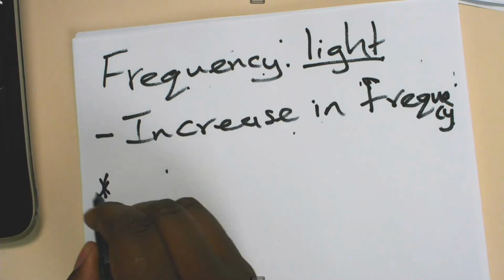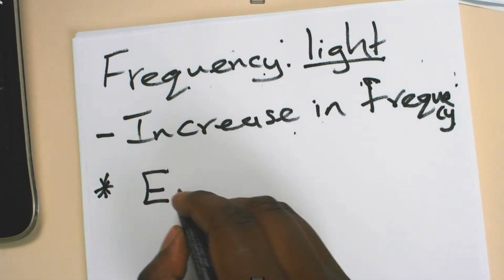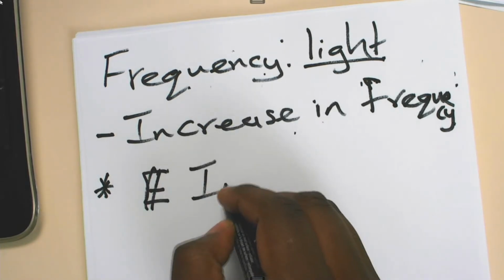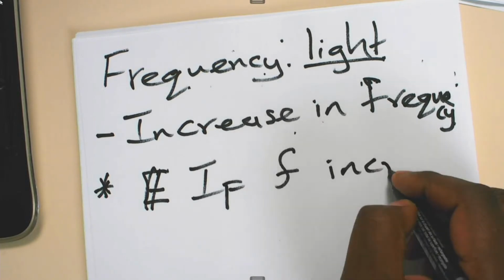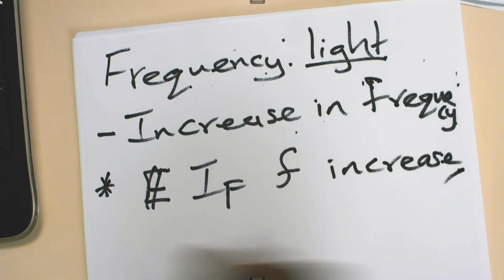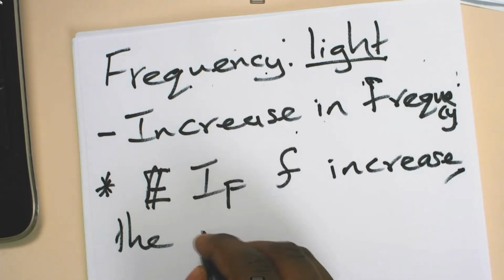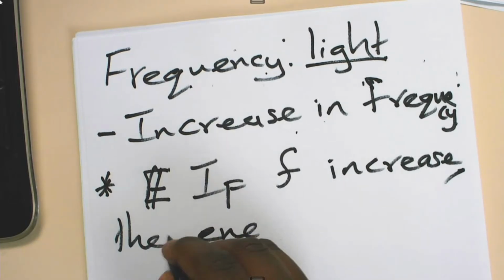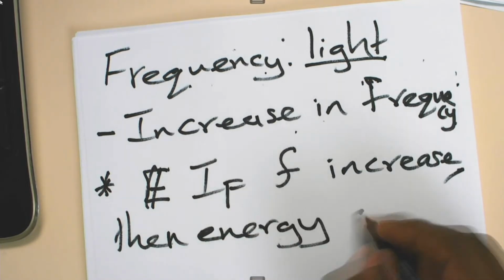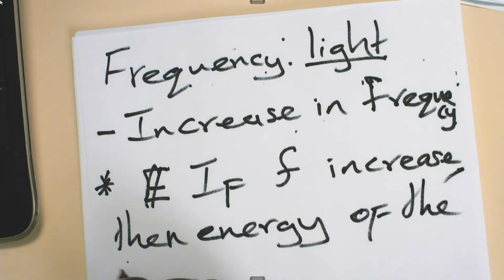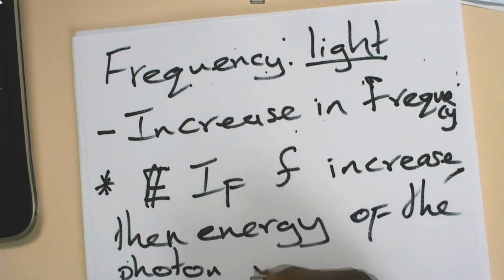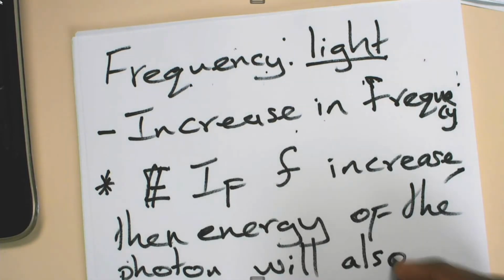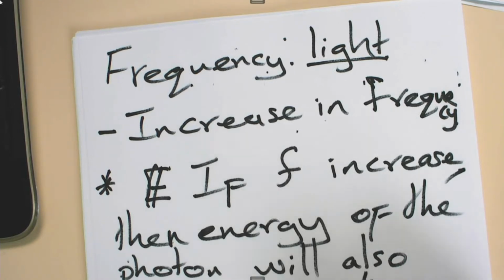We know that if the frequency of light increases, then the energy of the photon will also increase, according to this formula for the energy of the photon, E = hf.